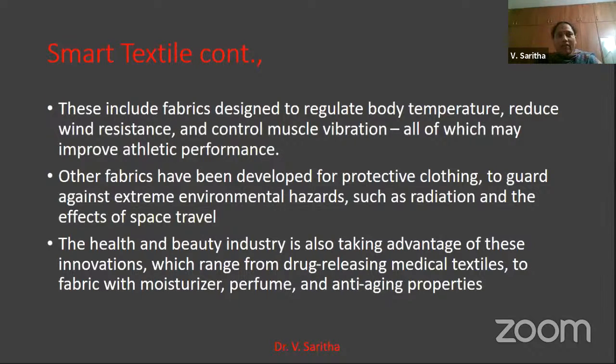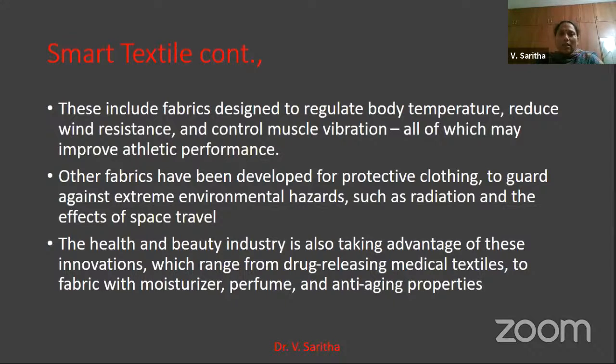Normally when an athlete is participating in a 500 meter run, if more wind is coming, normally they will not be able to perform well. But this kind of textile will be able to control those things. So these are some of the examples related to athletic performance using smart textiles.